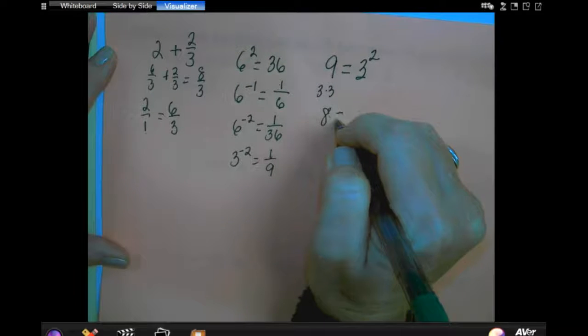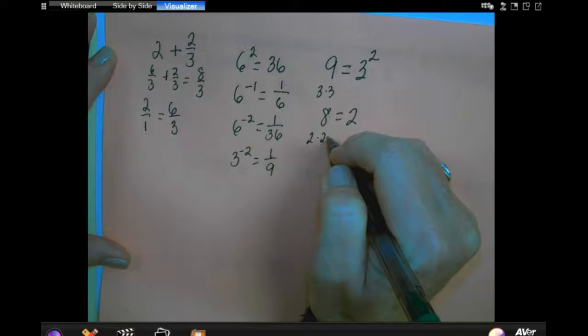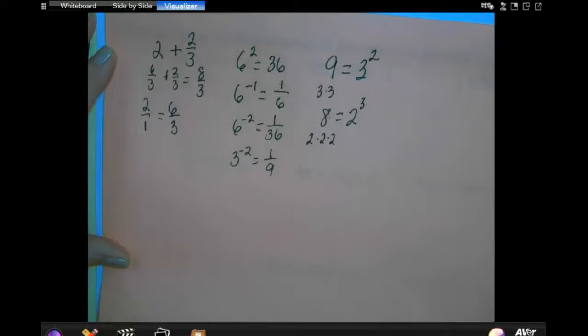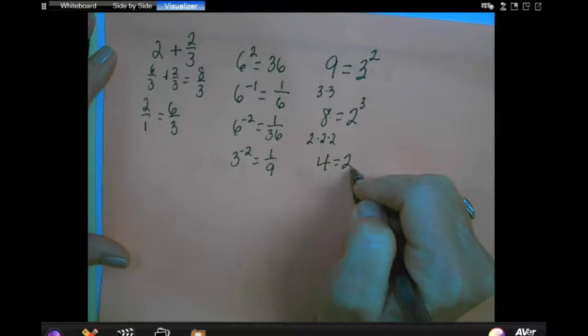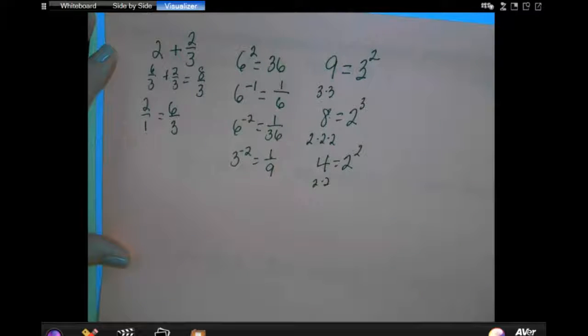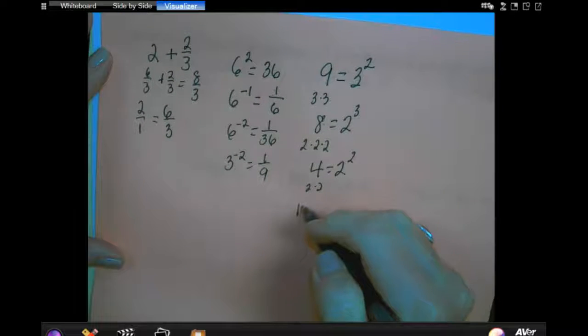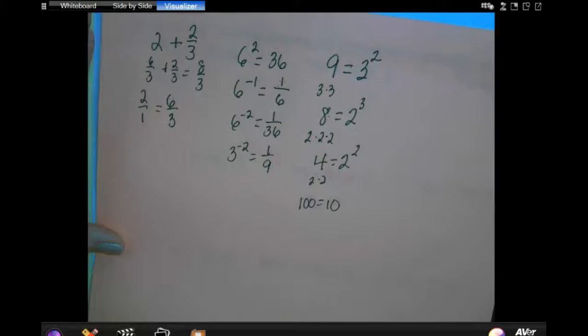So 8, if I want to write it with the base of 2, it's 2 times 2 times 2, which is 2 to the third. If I wanted to do 4 with a base of 2, 2 squared. If I want to write 100 with the base of 10, 10 squared, right?